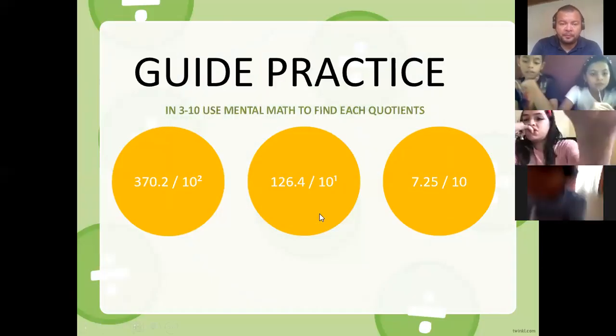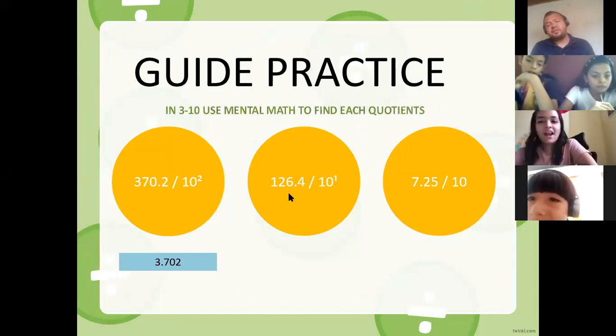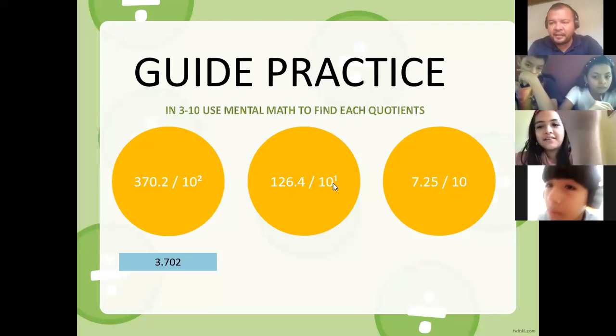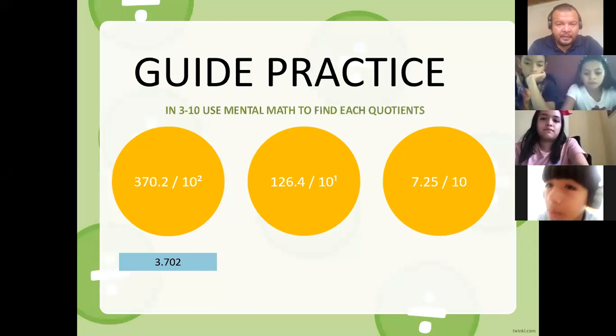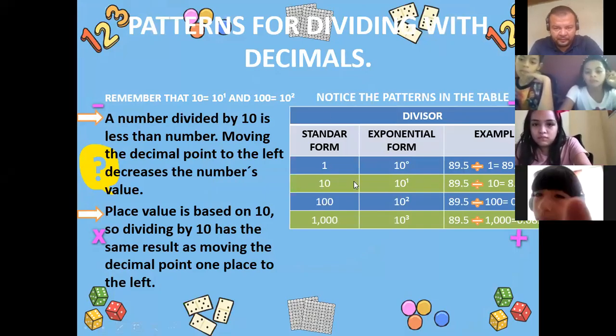The number 2: 126.4 divided by 10 exponent 1. And remember, 10 exponent 1 is equal to 10.